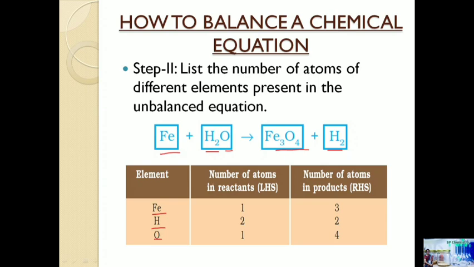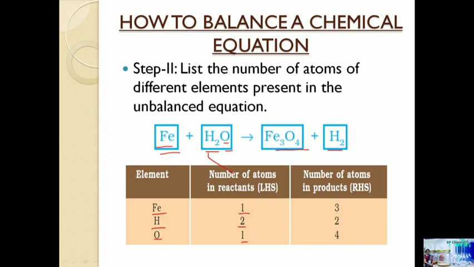Then we have to write the number of atoms of each element on the reactant side. Here iron, how many? 1 atom is present on the reactant side. Then hydrogen, how many? 2. And oxygen, in 1 water molecule 1 oxygen atom is present. So here 1 oxygen atom is there on the reactant side.